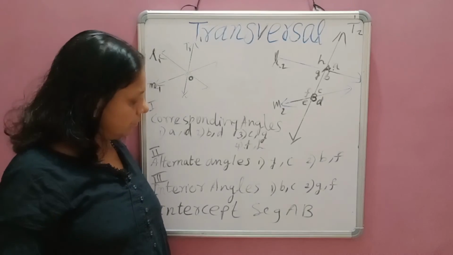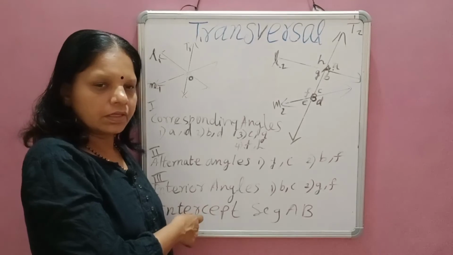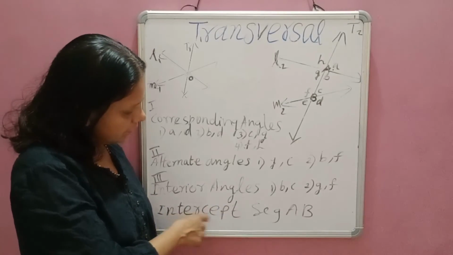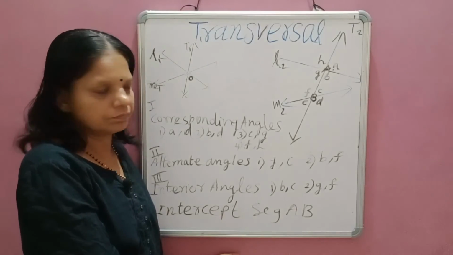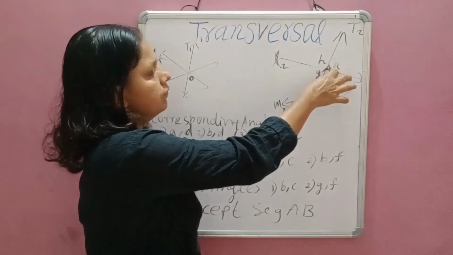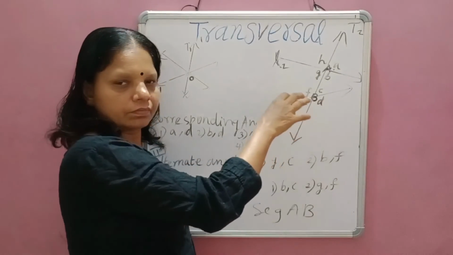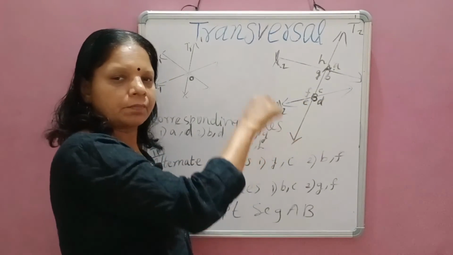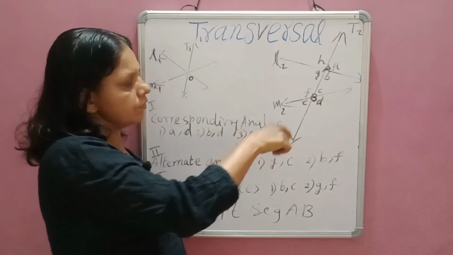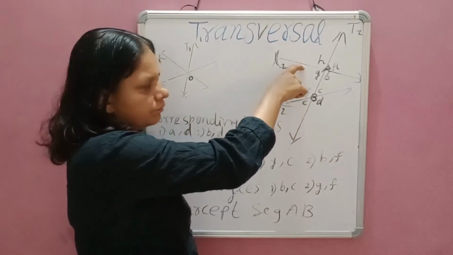Clear? Now, one more term related to the transversal, that is intercept on the transversal. The intercept on the transversal is segment AB. That is nothing but the part of the transversal line between the two lines.